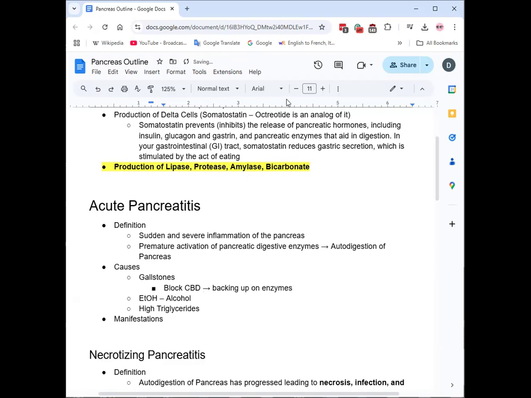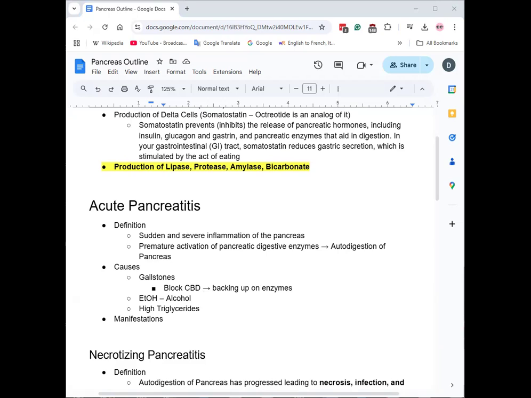Because if we remember from our little picture from yesterday, we saw that whole connection: the hepatic duct, the common bile duct, and the pancreatic duct all connect to each other. So if you're having blockage of the common bile duct, then you can start having blockage with the pancreas.